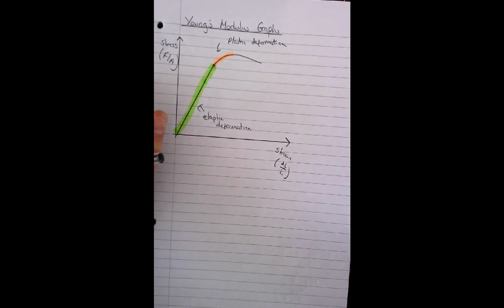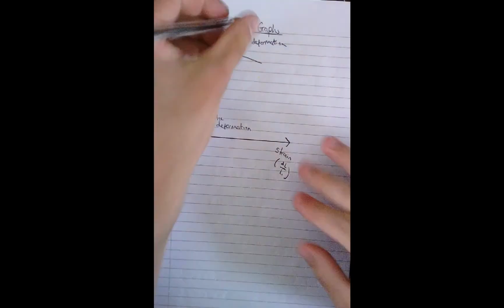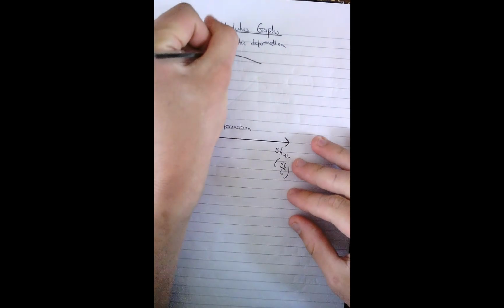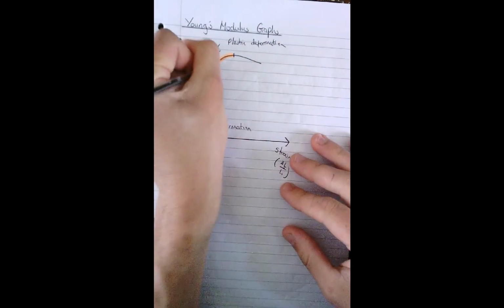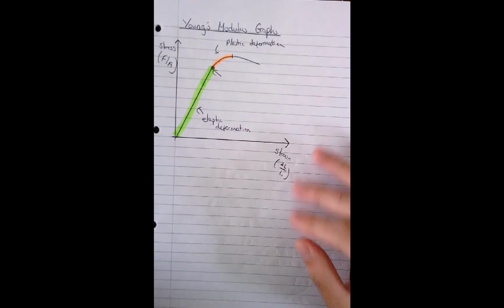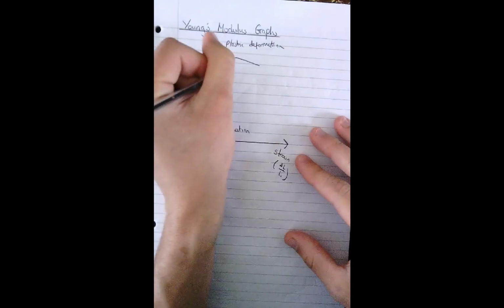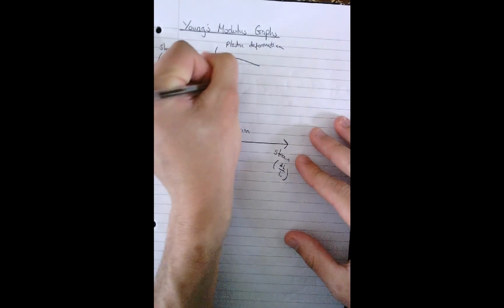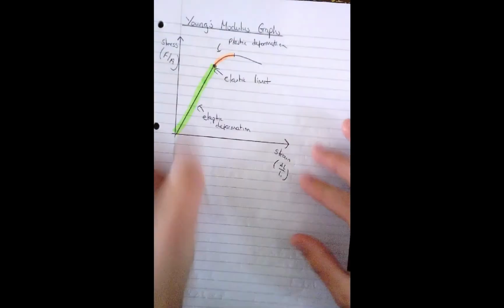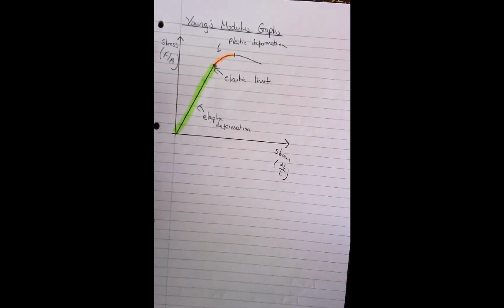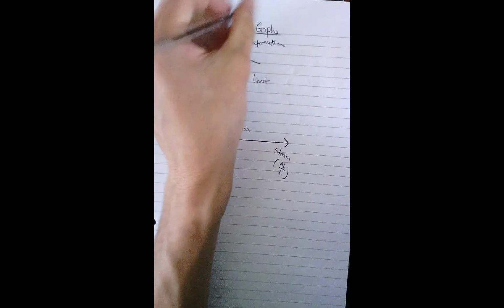In a later lesson, we're going to see how that can be shown on the graph too. And it gets to this point here. Now, we already know what the name for this point on the graph is. This is going to be our elastic limit, beyond which you get plastic deformation.